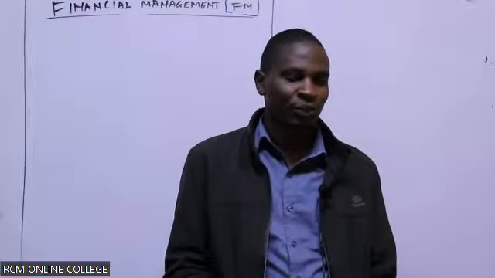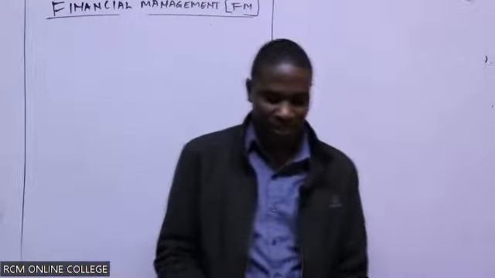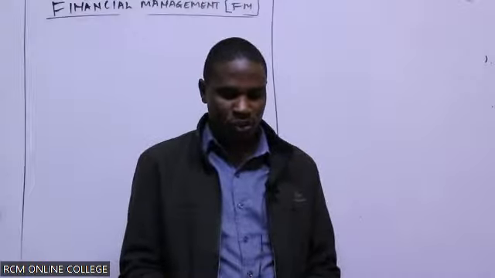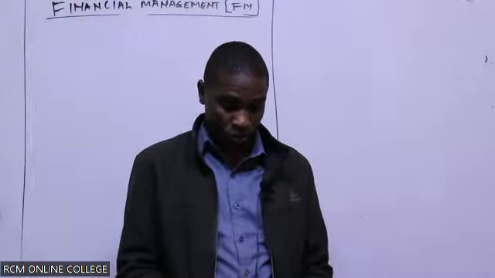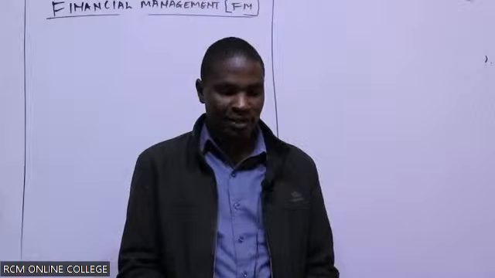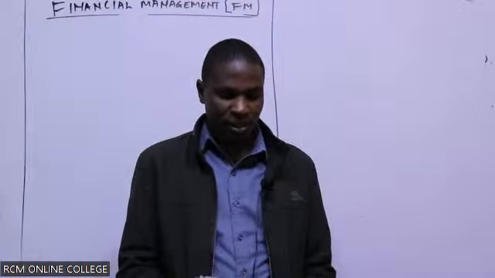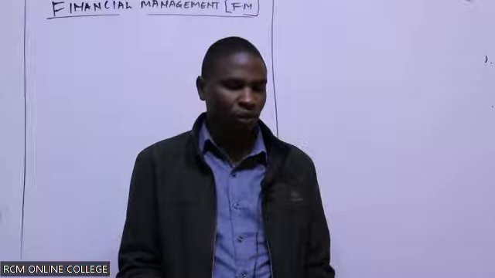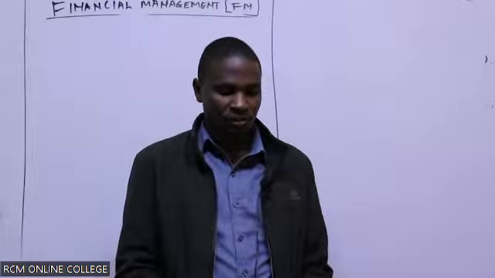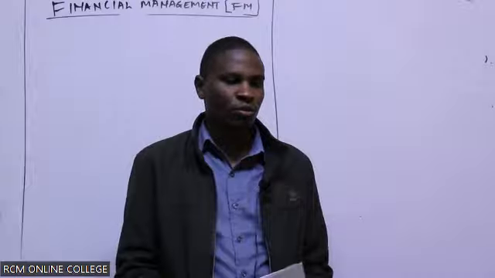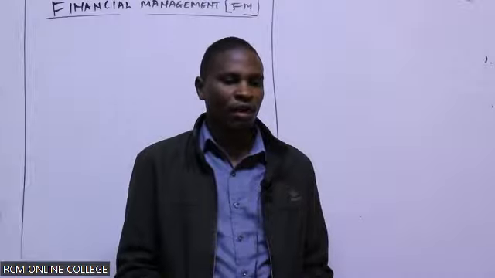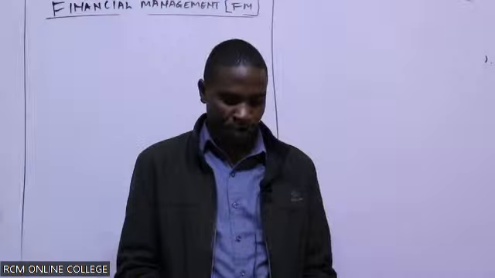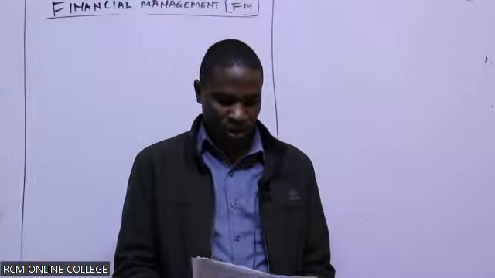And then the operating break-even quantity of sales in units also. Then the degree of operating leverage, the degree of financial leverage, and the last one is the degree of total leverage. So I think for the first two we have to introduce the formula.